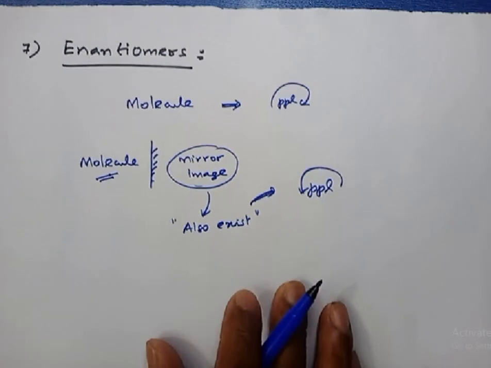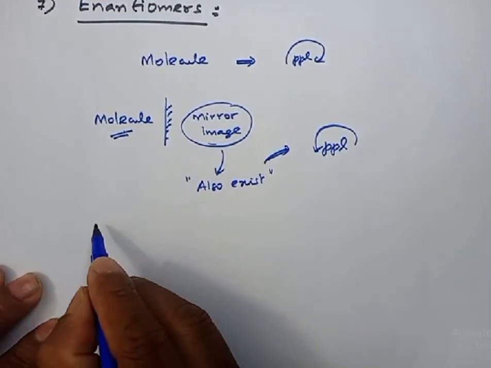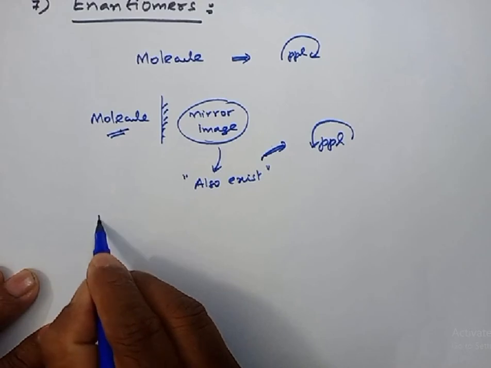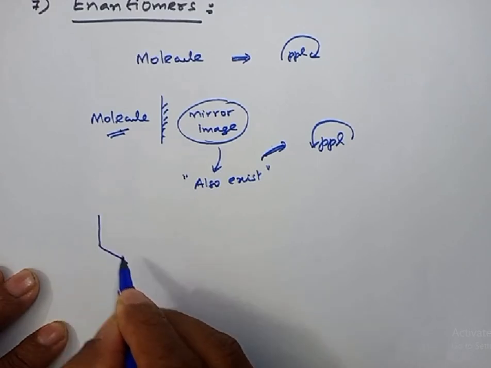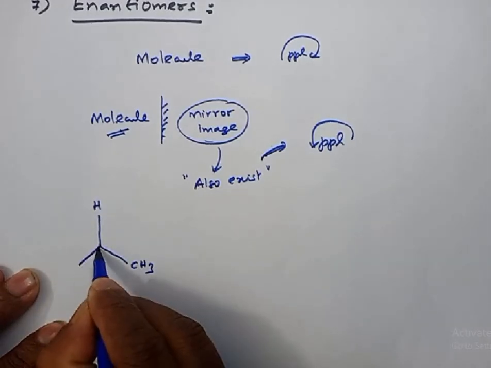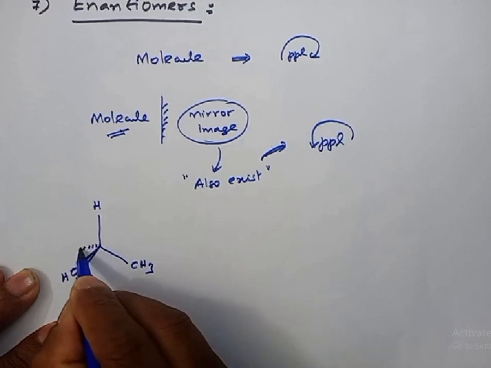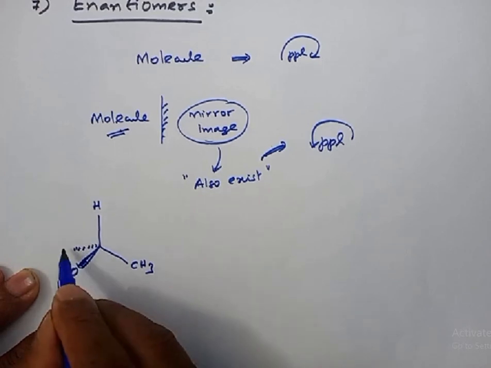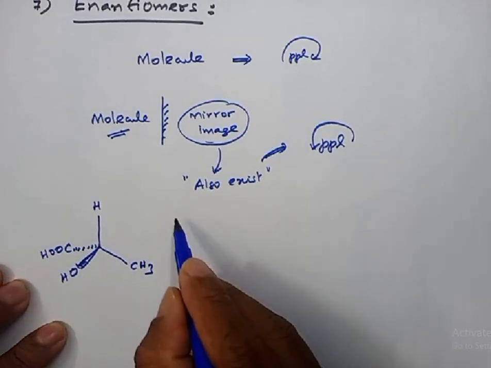Suppose I take a molecule like this. I'll show the flying wedge representation, which is somewhat comfortable for us. Here I'll put an OH group, here hydrogen, and some other group, say COOH. This is nothing but lactic acid.